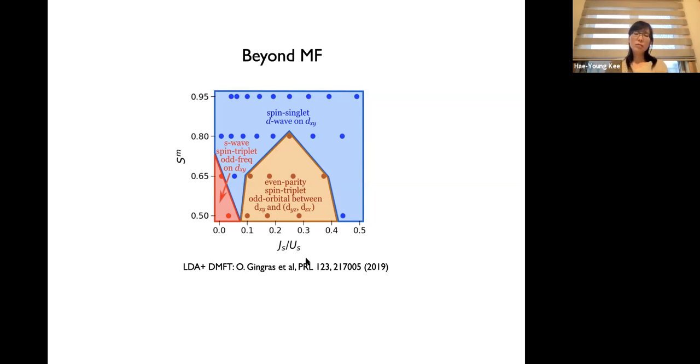So remember in the mean field theory, we had to make JH artificially large, but in an effective low energy theory, most likely we don't need such an unrealistic Hund's coupling. Even with a realistic Hund's coupling, this type of interorbital pairing can be found.